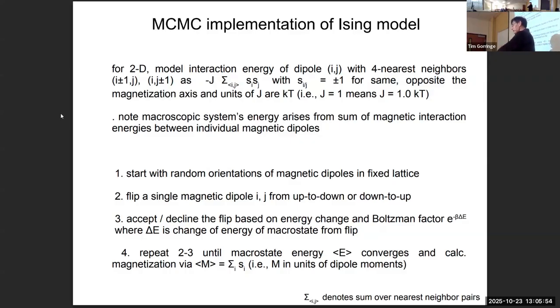So J is a number we can adjust in the code to make them interact strongly or weakly, to overcome more easily the thermalization effect, or the randomizing effect. So that's the plan here.